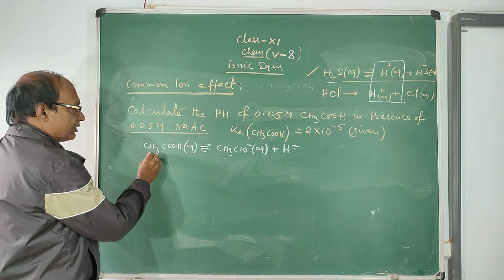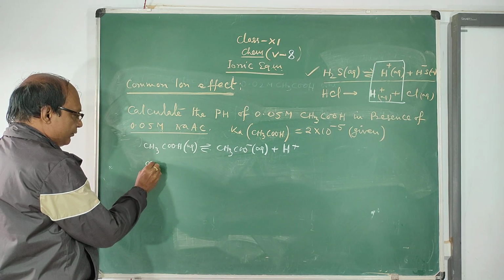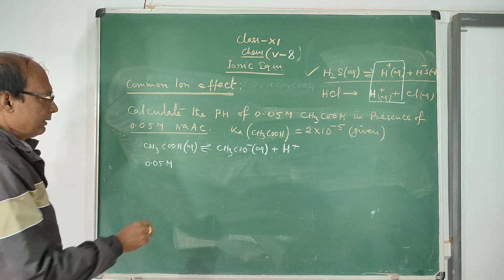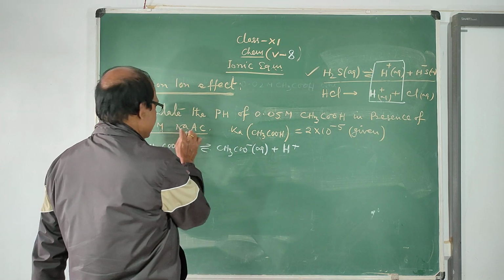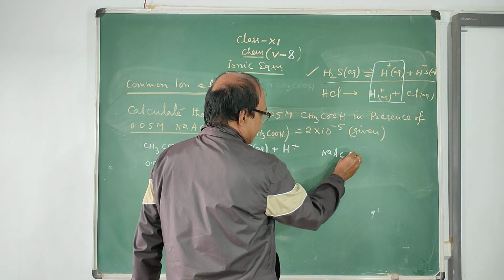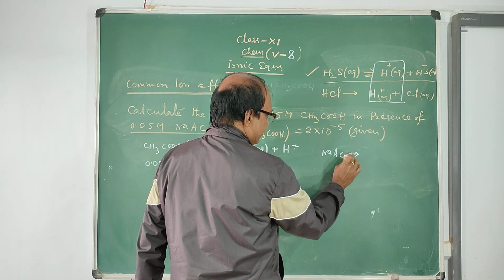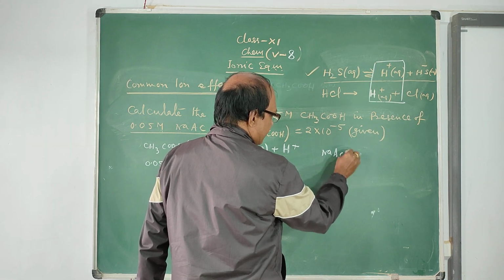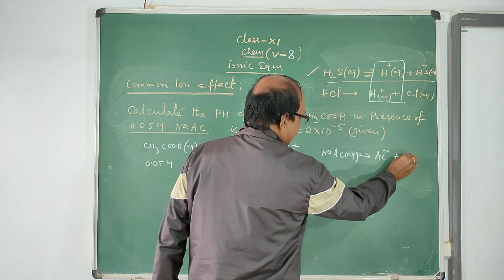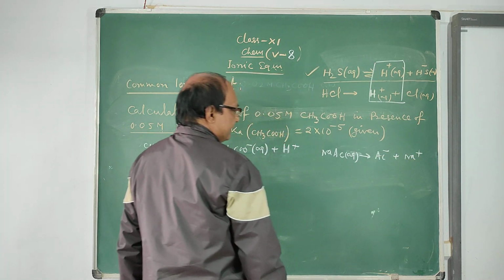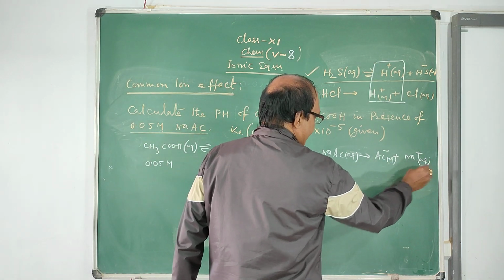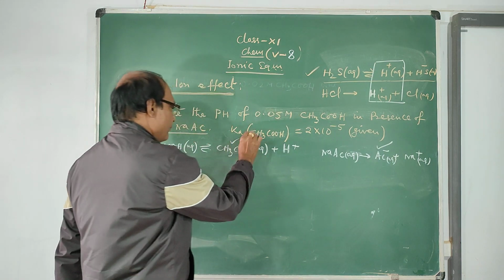Its concentration is 0.05 molar initially. Now the dissociation of sodium acetate: NaAc, aqueous, dissociates into Ac- plus Na+. So this is Ac- aqueous plus Na+ aqueous.